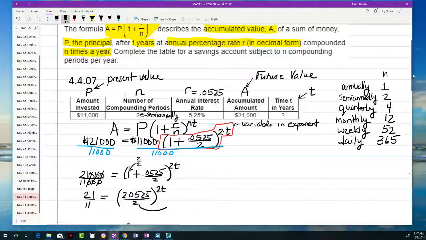Now, when the denominator only has factors of 2 or 5, you can actually go ahead and divide that because you'll get an exact answer. But when the denominator has any other factors, like let's say it was monthly, so the number 12 has factors of 2 but also a factor of 3. So division would result in a not exact answer, so you would not want to divide that.